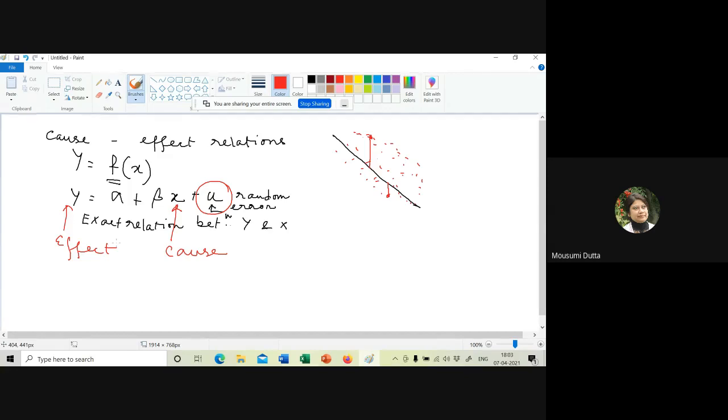However, if all x's are not external, if there is some kind of endogeneity between the right hand side and left hand side variables, in that case, we cannot call it cause and effect relationship. So in the beginning, all the literature thought that econometrics gives us cause and effect relationship.